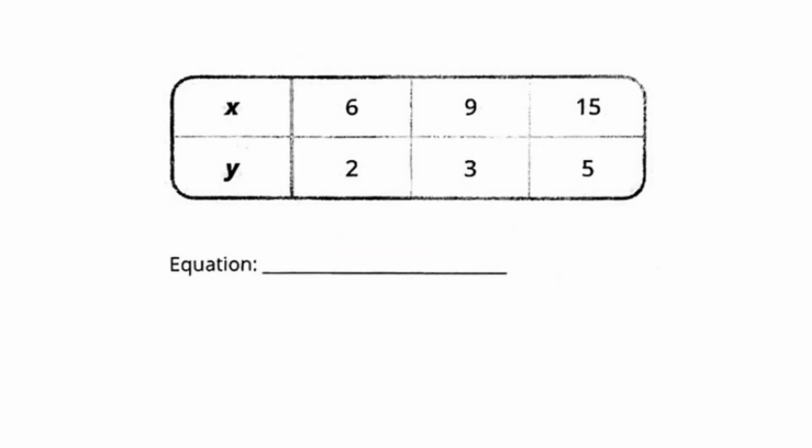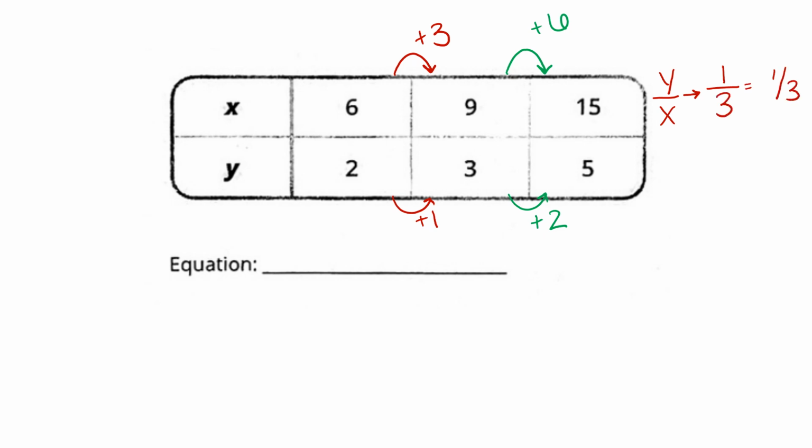Number 5, we have 6 plus 3 gives us a value of 9. 2 plus 1 gives us a value of 3. For our changing pattern, 9 plus 6 gives us a value of 15. 3 plus 2 gives us a value of 5. So we set up our fraction twice to represent our changing pattern. Our first pattern, our y value is 1, and our x value is a positive 3, which is 1/3.